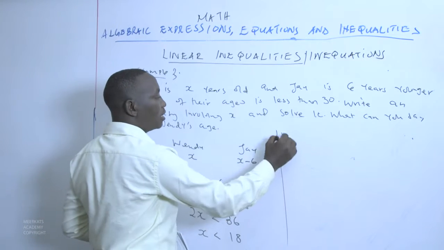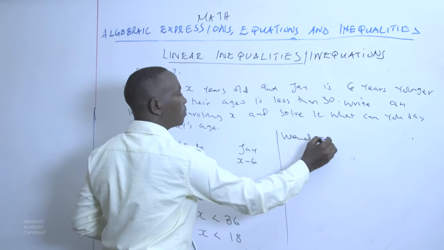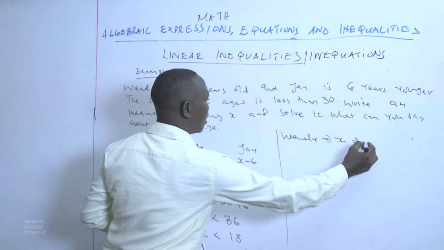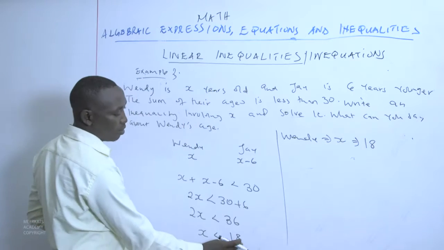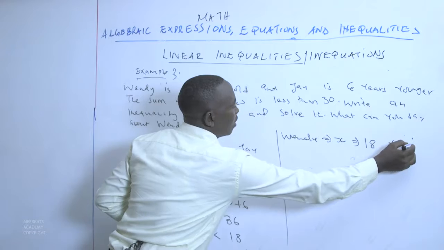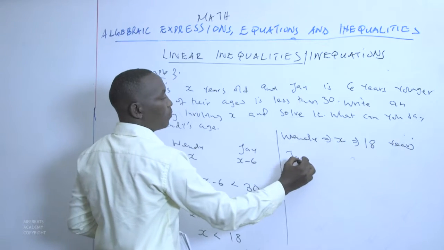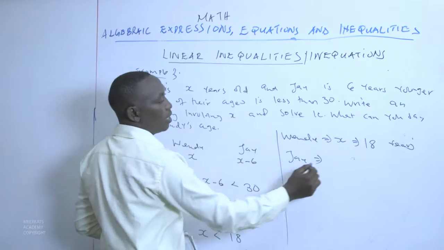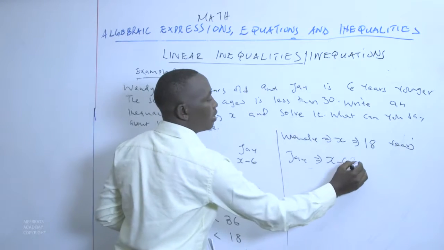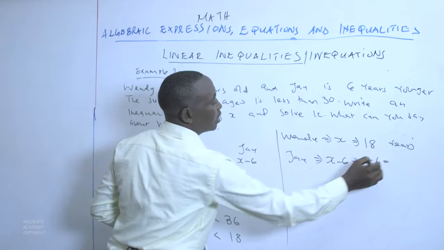Let's see what will be the age of Wendy. Wendy is x years, and therefore is going to be 18 years because the value of x is 18. Therefore J, we have been told that J is 6 less than that number, so it's going to be 18 subtract 6.